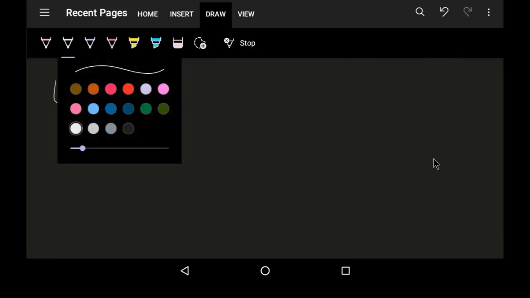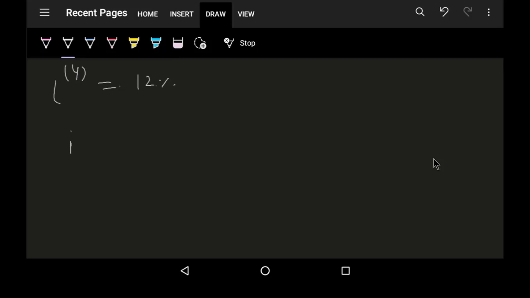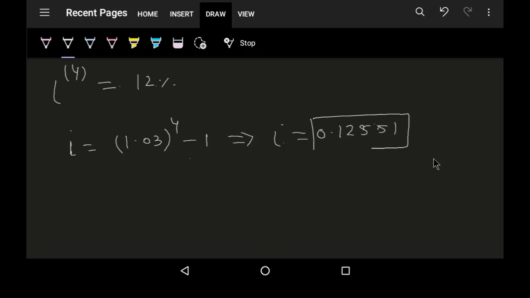My annual effective rate will be I equals 1.03 to the power 4 minus 1. So my I will come out to be 0.12551. So by the end of the year, I will earn this much amount of interest.